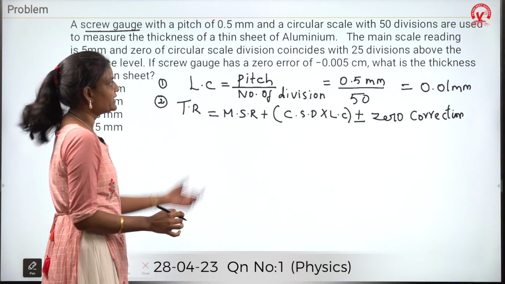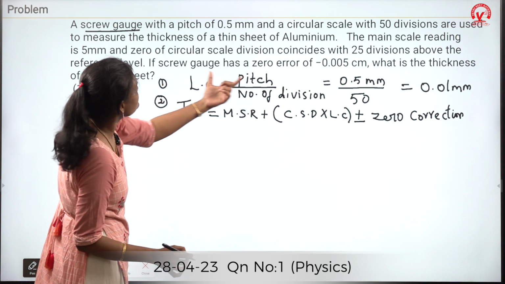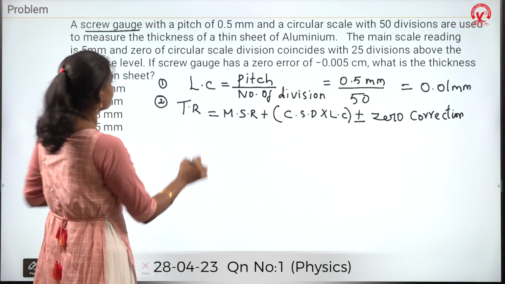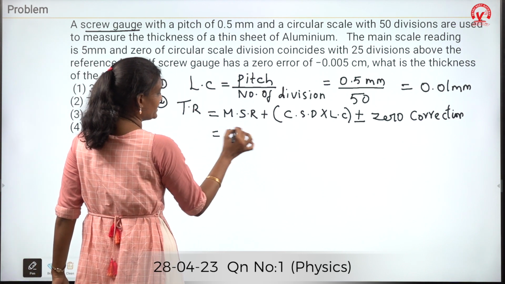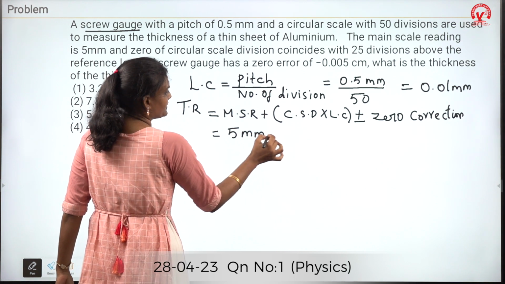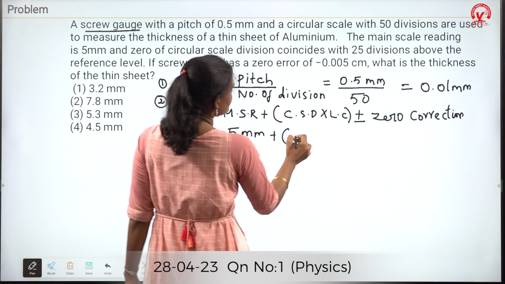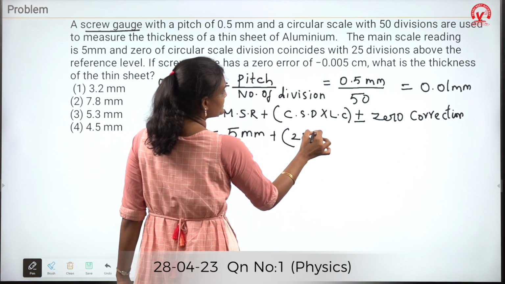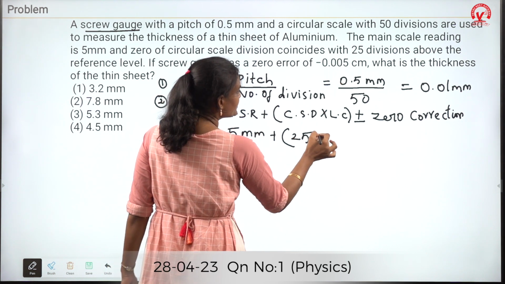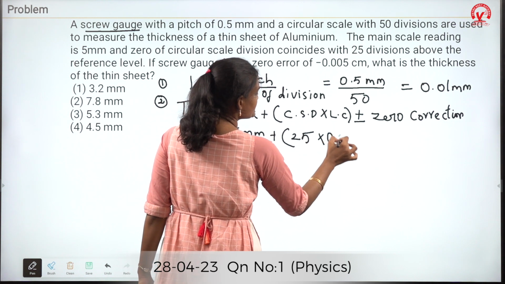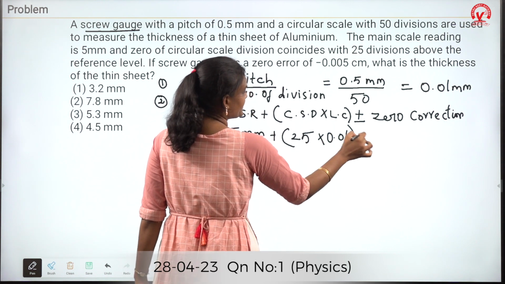Now MSR, they have given the main scale reading as 5 millimeter. So 5 millimeter plus the circular scale coincidence value is 25 divisions, which coincides with the reference line, into least count 0.01 millimeter.